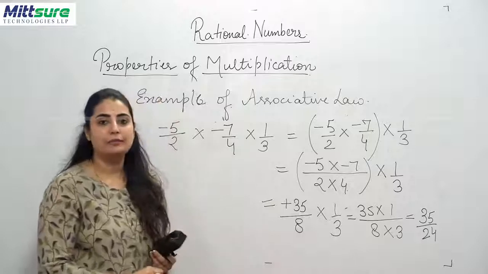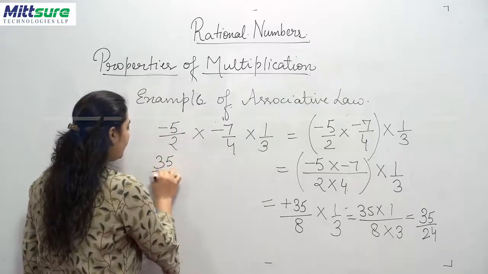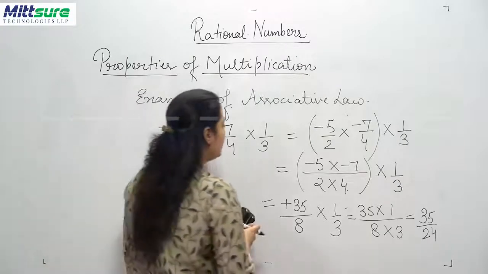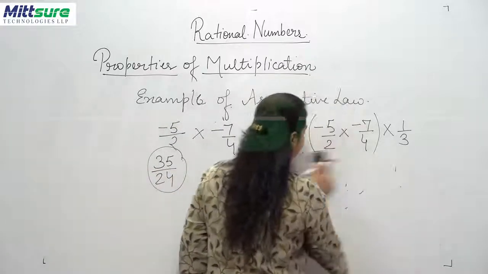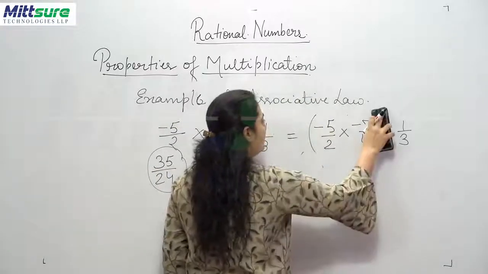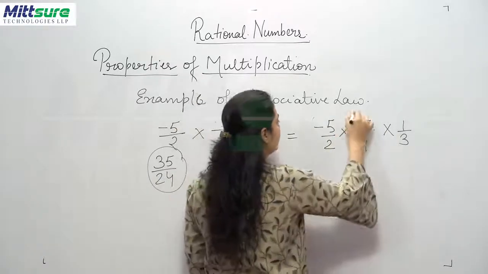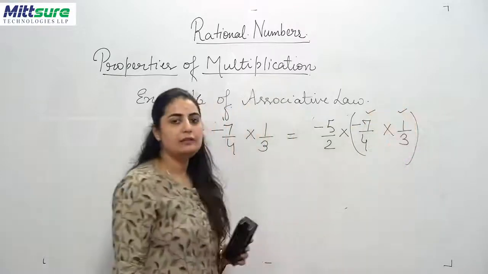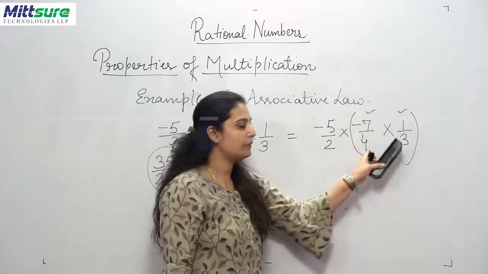It is 35 upon 24. So let us note it down, 35 upon 24. Now I will change the association and again find the product. So I am removing this bracket from here and I am placing it with the second and third rational number, that is minus 7 upon 4 multiplied by 1 upon 3.